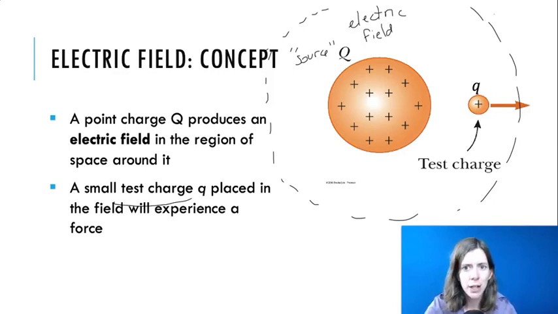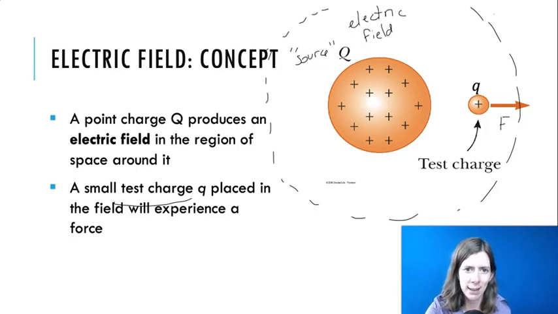In this case, the test charge is going to experience the effect of this electric field, and the effect is that it's going to experience a force F. So that's the concept of electric field. All charges produce electric fields. You place another charge within that field, and that other charge will experience a force.